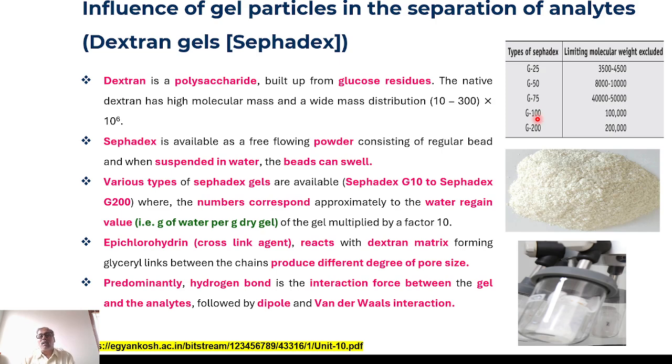That means 1 gram of Sephadex powder can hold 10 grams of water. The density of water is 1 gram per ml, so when you say 20 grams of water, that means 20 ml of water is occupied. When you say 4.5 grams of water, it holds 4.5 ml of water. So for G200, you divide by 10, you will get 20.